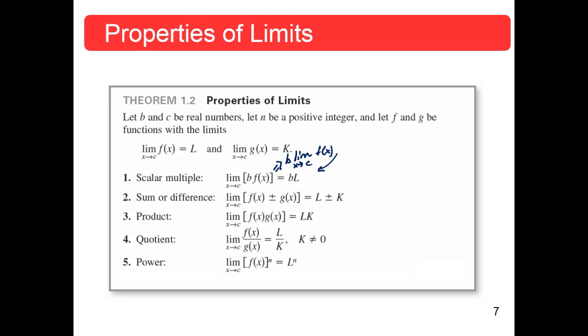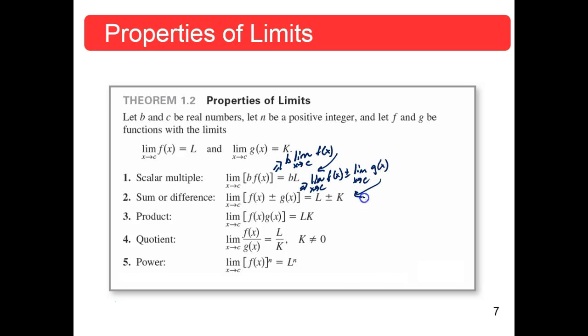That's that one. Same thing here. The next step that makes sense to me is the limit as x approaches c of f of x plus or minus the limit as x approaches c of g of x.